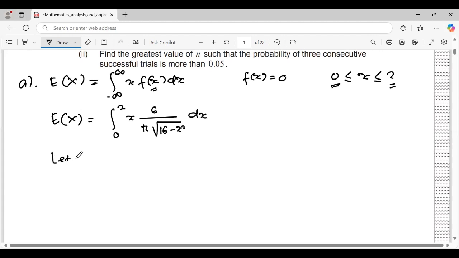Now let u equal 16 minus x squared. du equal minus 2x dx. It means minus 1/2 du equal x dx.